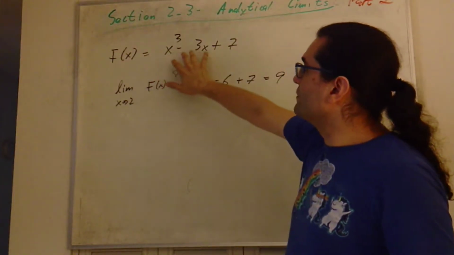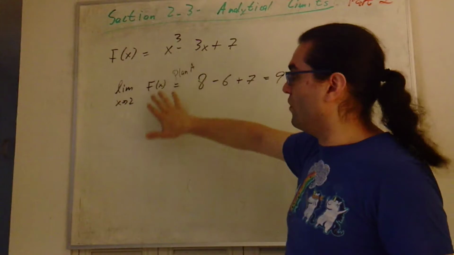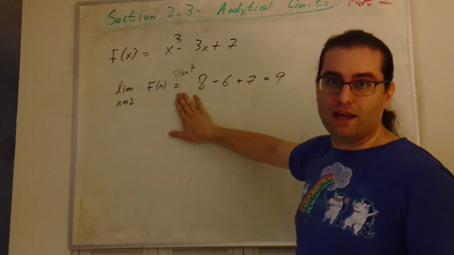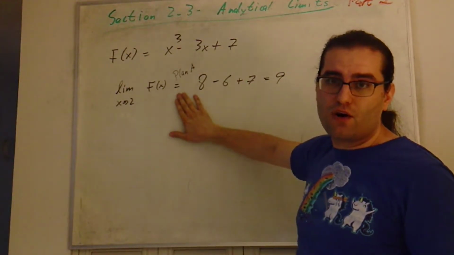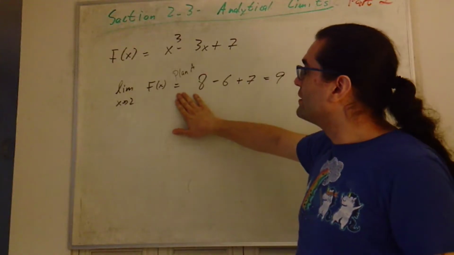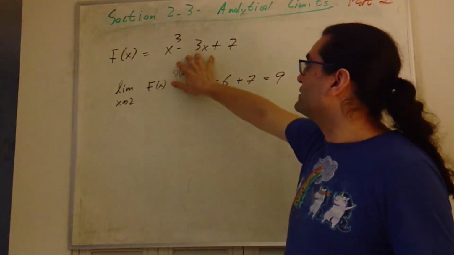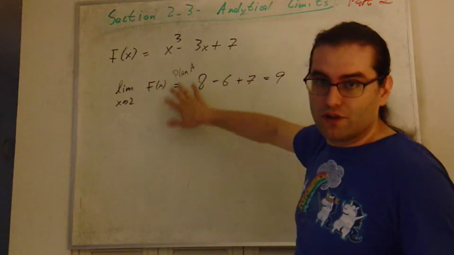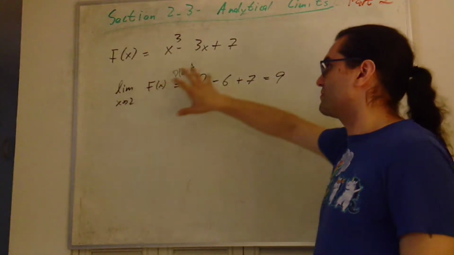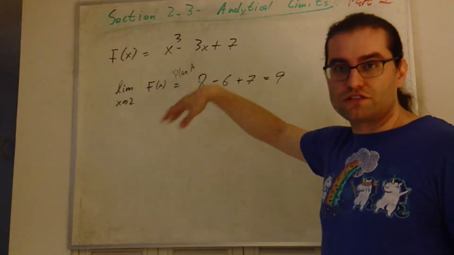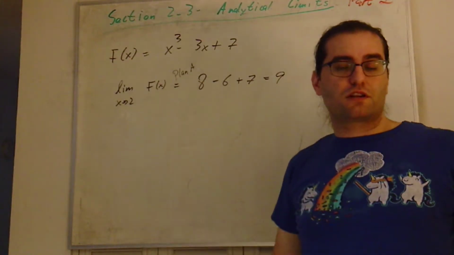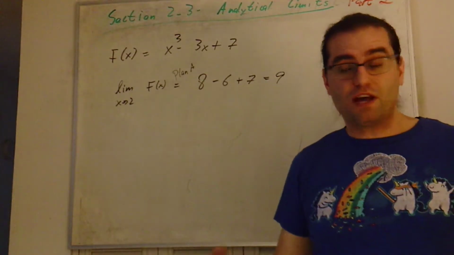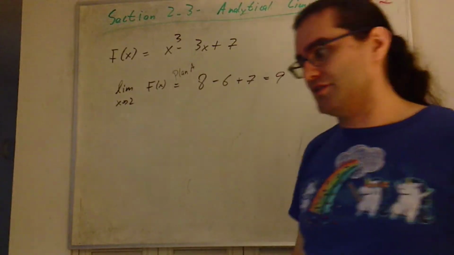If you take the limit of a polynomial, it will always be plan A. It's going to be plan A all the time, every time. There's nothing that could happen in this plan A polynomial land that would cause you to get something undefined or to cause this to fail. It's always just going to mean plug in the number, which is nice. I like it when things are easy.